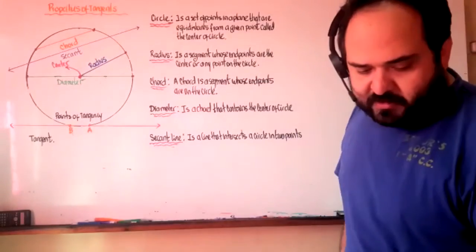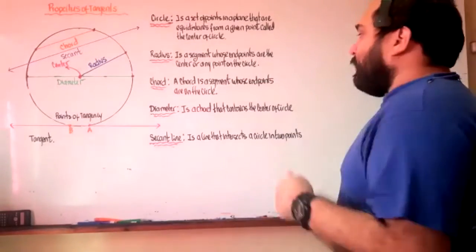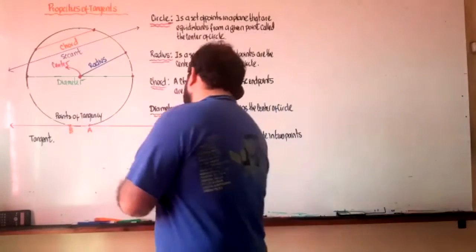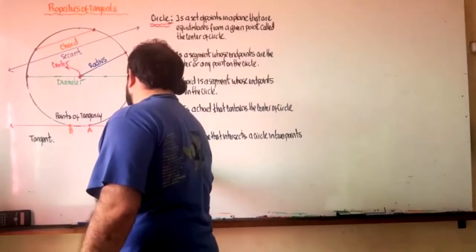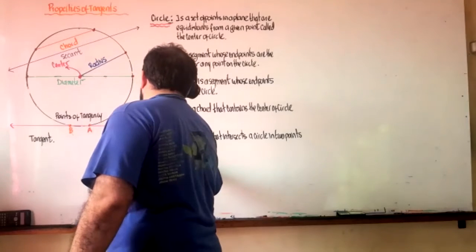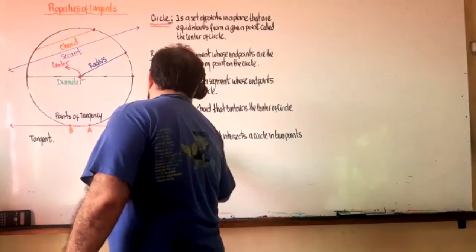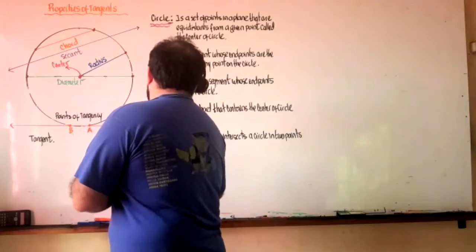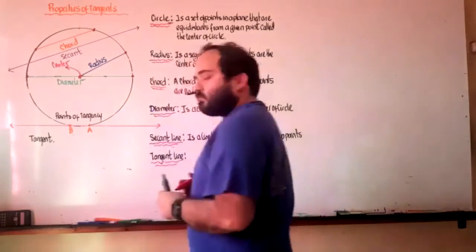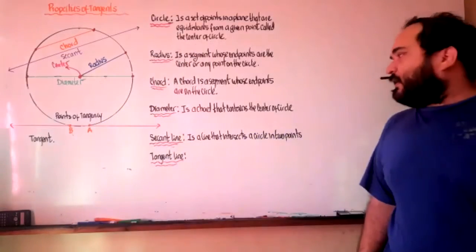Now, what will be the difference between a secant and a tangent line? The secant, the tangent line.